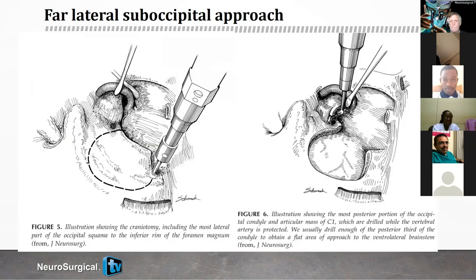We have some landmarks, and one of the landmarks is the asterion. The asterion is that portion where the occipital, the temporal, and the parietal bones meet. That's what's called the asterion.